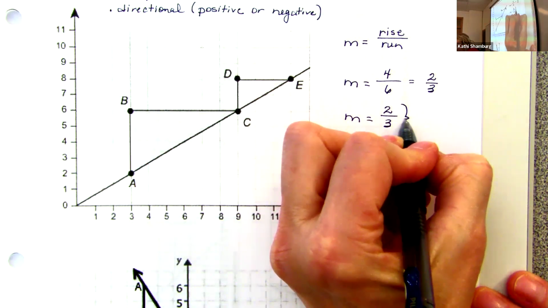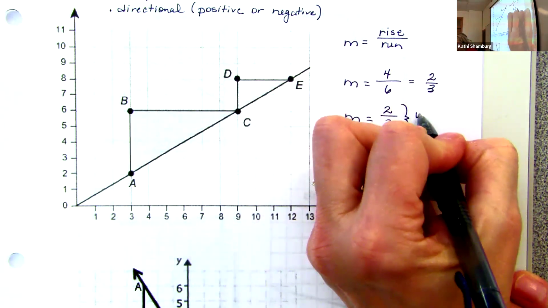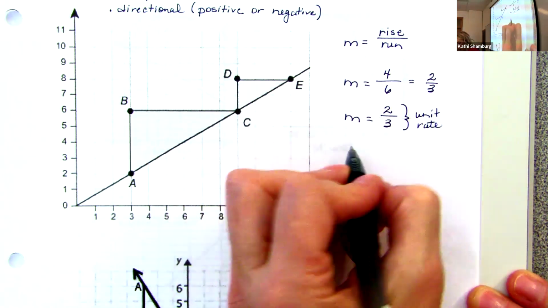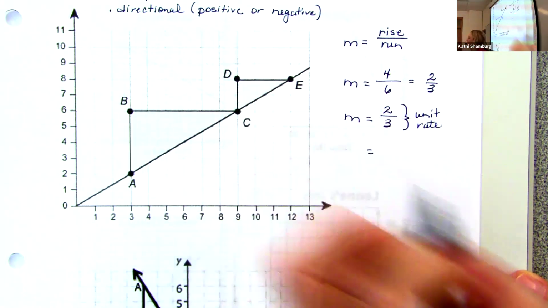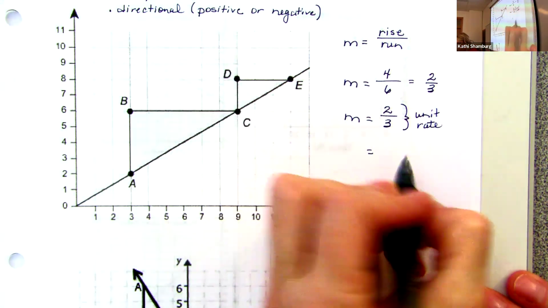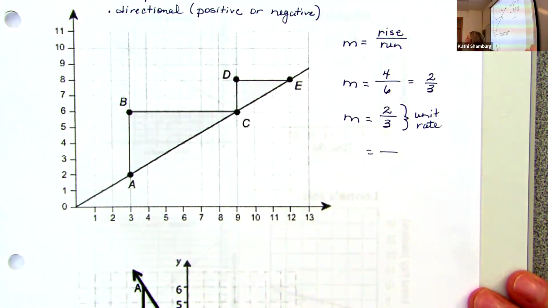But in the functions class, we want a unit rate. Does anybody remember the significance of the unit rate? We just had something similar. There's something I always want in the denominator. It's the same number in the denominator. 1.